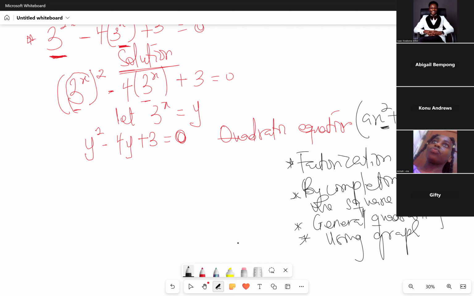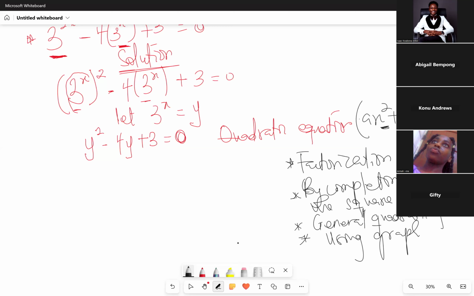The variable squared, then the variable reduces, then plus a constant equals 0. Now, A stands for the coefficient of whatever has a variable squared. Then B stands for the other one. Then C stands for the constant.